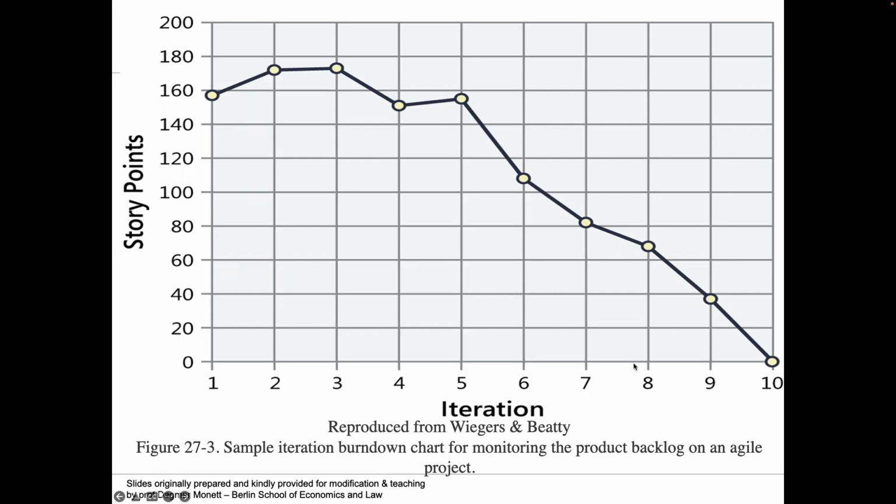Burn down charts are especially used in the Agile project approach, and there are several components of a burn down chart. Here, what you see is a line plot, but you can also use a bar chart. Let's discuss the X and the Y axis. So Agile teams use a metric called story points.